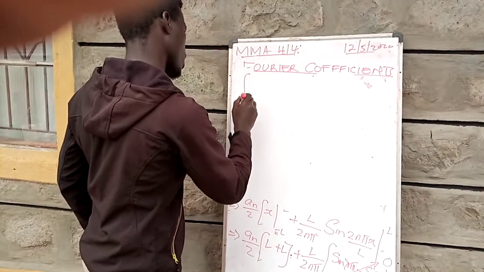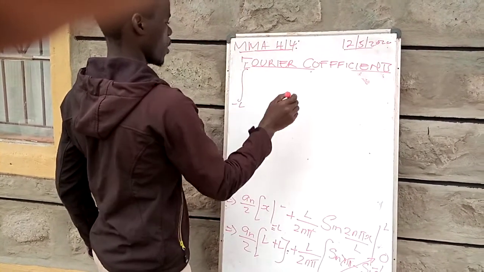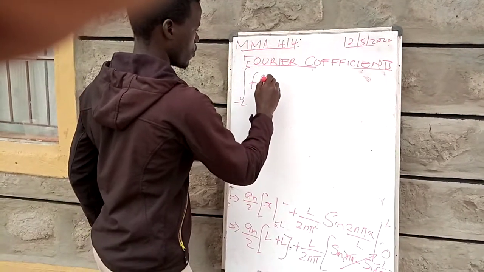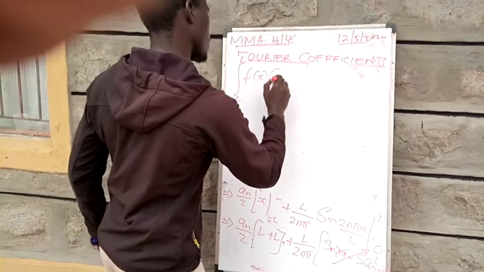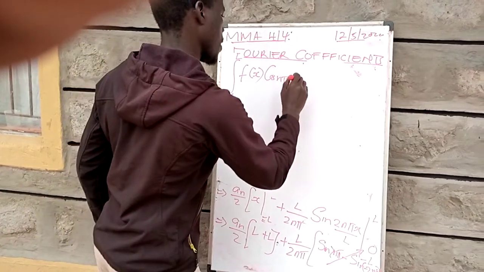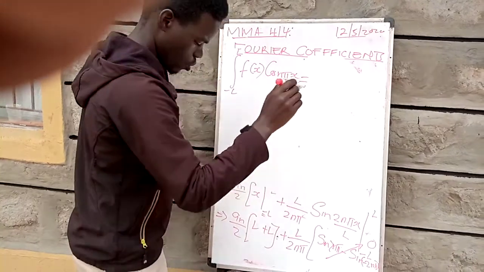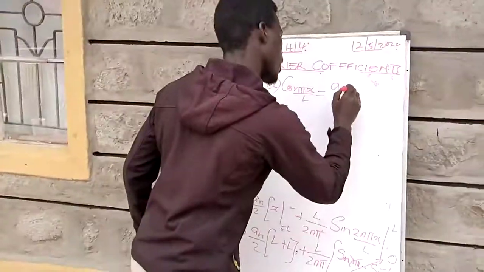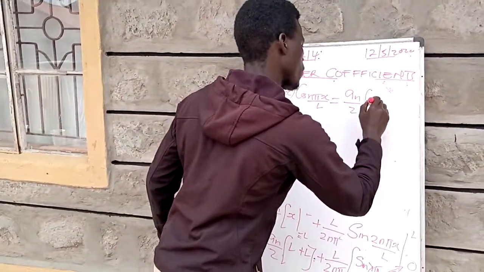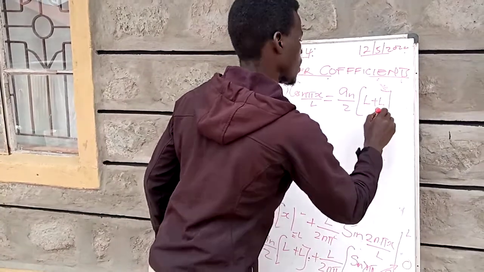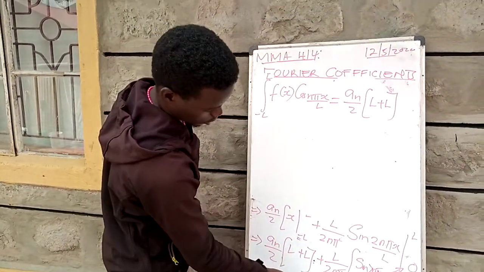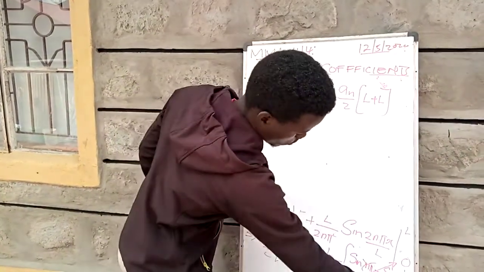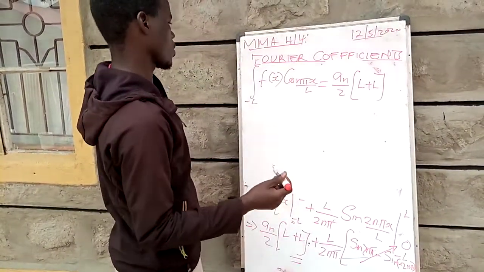the integral from negative L to L of f of x times cos n pi x over L equals a n over 2 of L plus L from this part, because the rest of this has dropped down to 0.